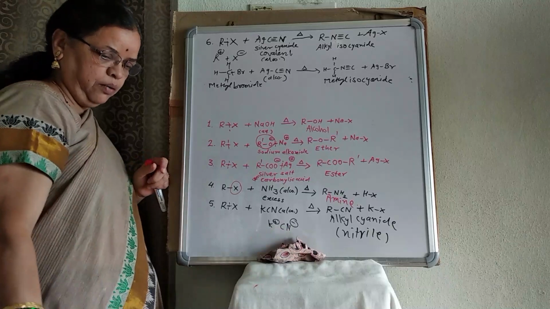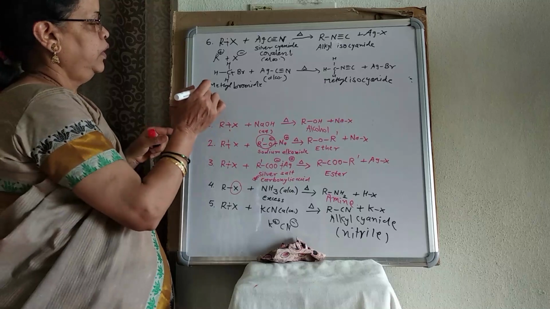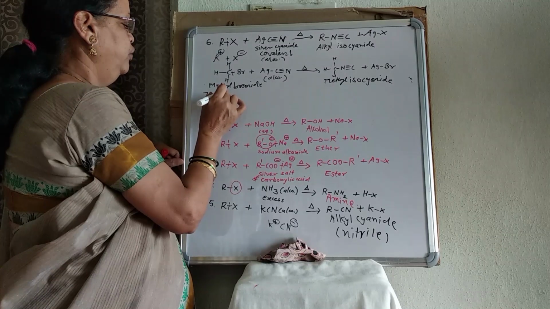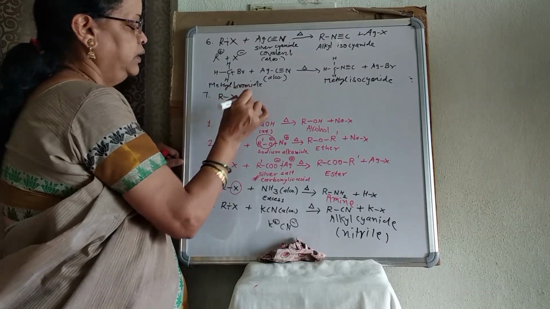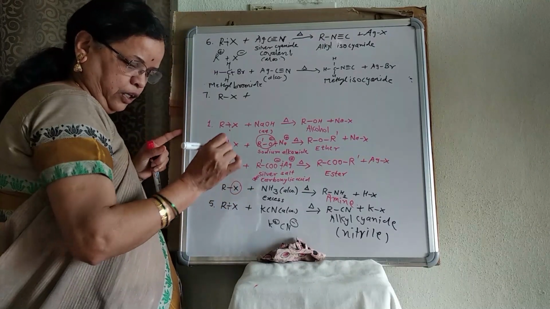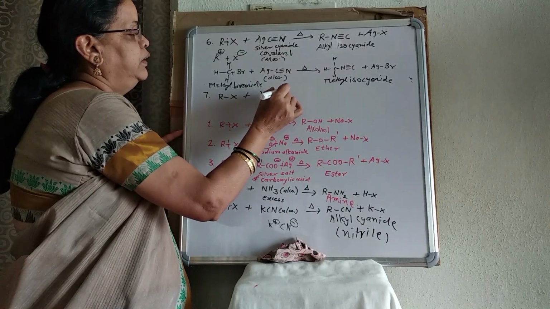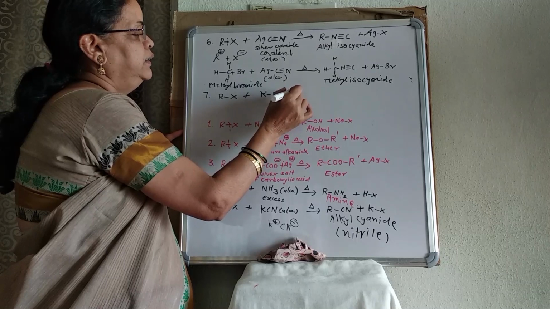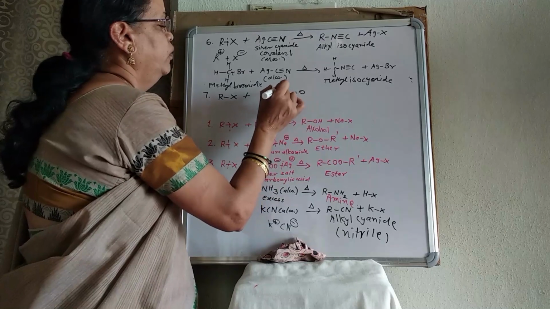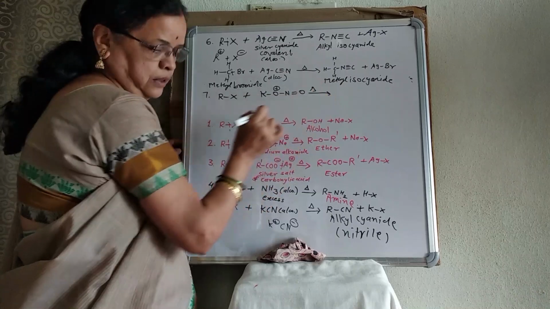Now one more example: RX reacting with AgNO2 or KNO2. When RX reacts with KNO2, KNO2 has a formula like this, carrying positive and negative charges.